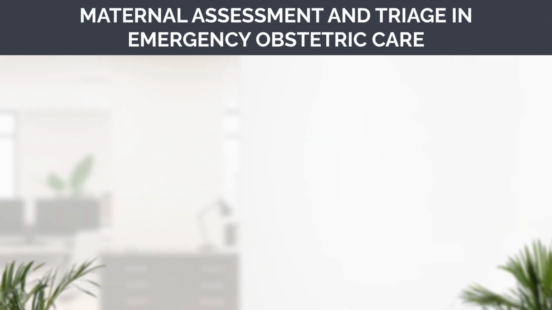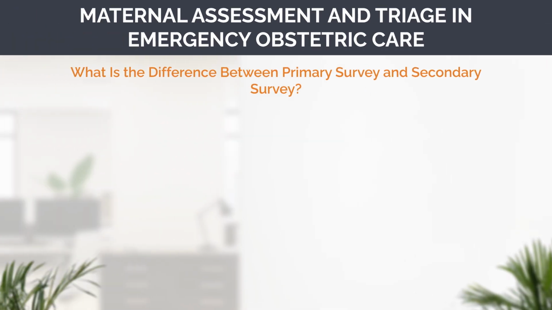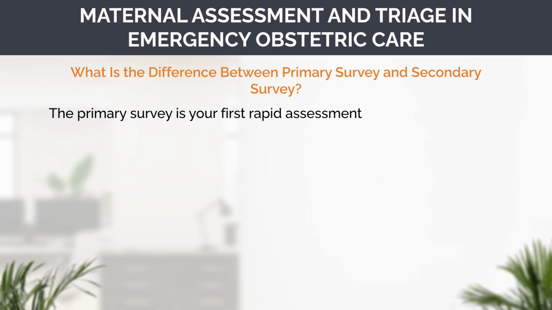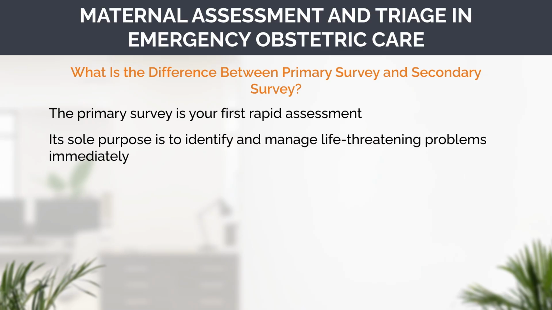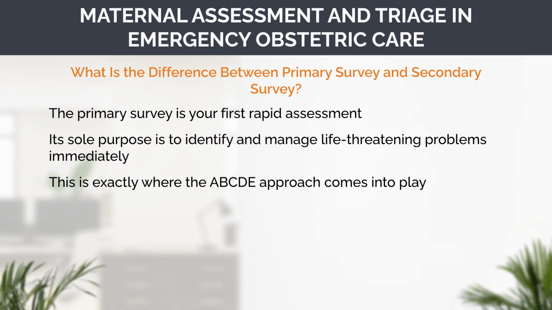We will start by looking at the difference between the primary survey and the secondary survey. Think of it as a two-step process. The primary survey is your first rapid assessment. Its sole purpose is to identify and manage life-threatening problems immediately. This is exactly where the ABCD approach comes into play.